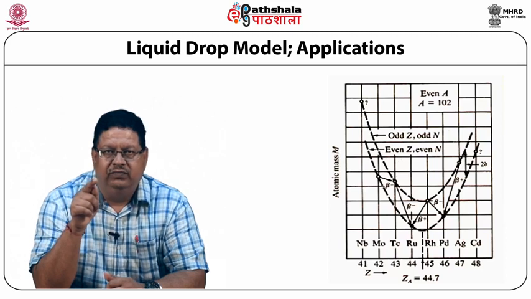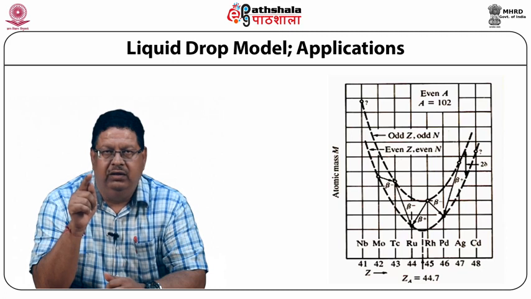So this picture is for even A nuclei. Now for even A nuclei, as we know, we can have two possibilities. Either the nucleus will have an even number of protons and an even number of neutrons, or the nucleus can have an odd number of protons and an odd number of neutrons.